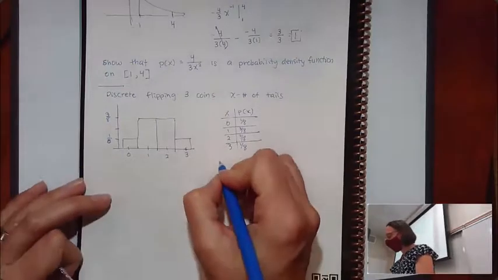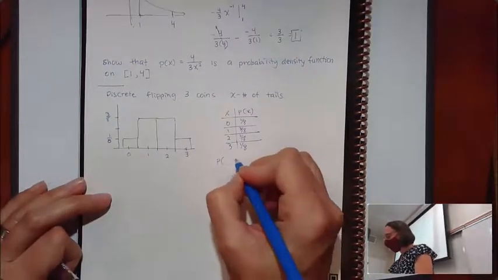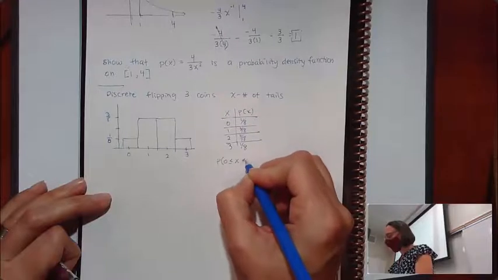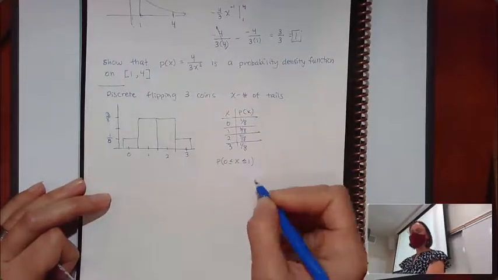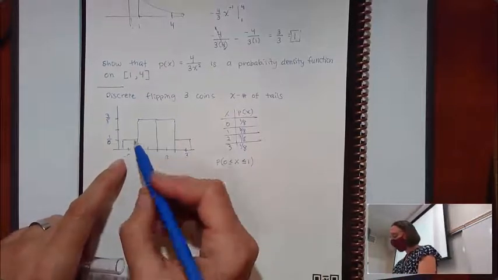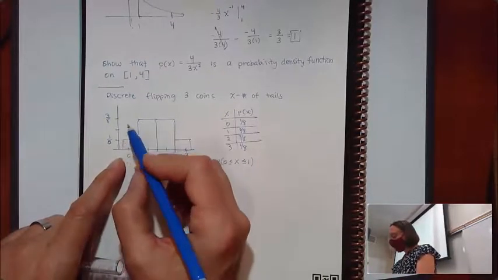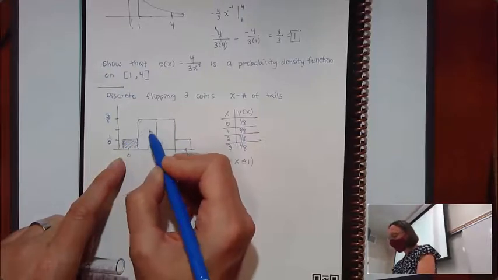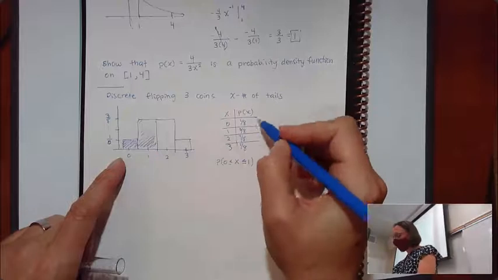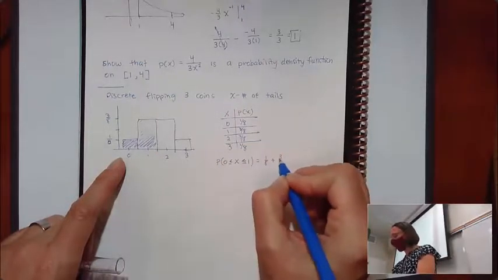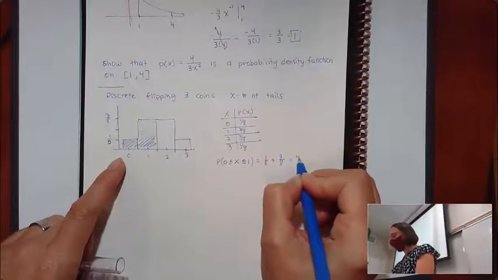So if I wanted the probability that X was between 0 and 1, and I'm including the 0 and the 1, well, thinking about the graph, I can think about this area plus this area, or thinking about the numbers, I can think about the 1/8 plus a 3/8.